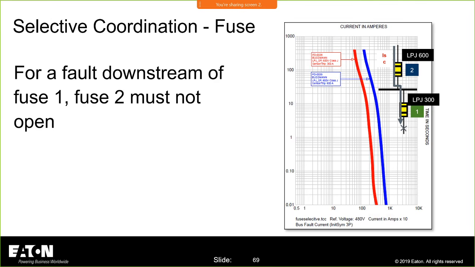And those tables make your life easy, because as long as I maintain a ratio based upon the published ratio tables of the fuse manufacturer, and I'm using their fuses, I mean, it's not someone else's fuse downstream of my Bussmann fuse, I can maintain a simple ratio, and I don't care what the current is that passes through them. I can have up to 200,000, whatever the interrupting rating is, pass through both of those fuses, and I will be sure that that 300 amp fuse will open and the 600 amp fuse will not.